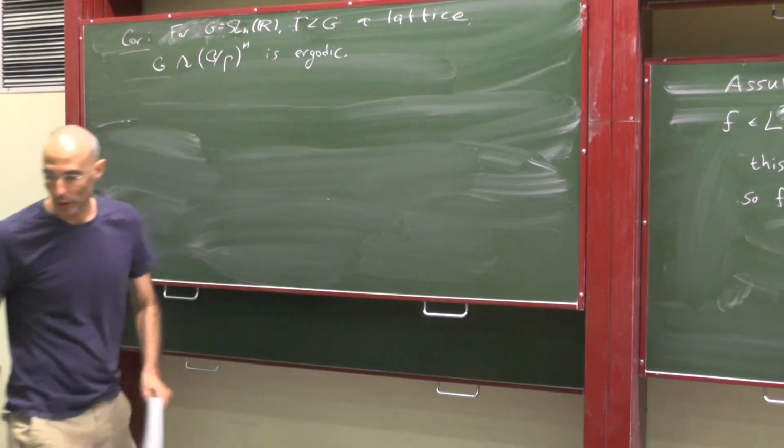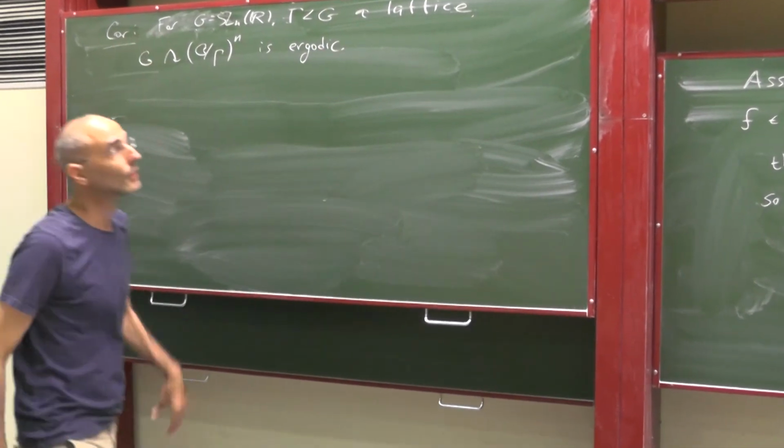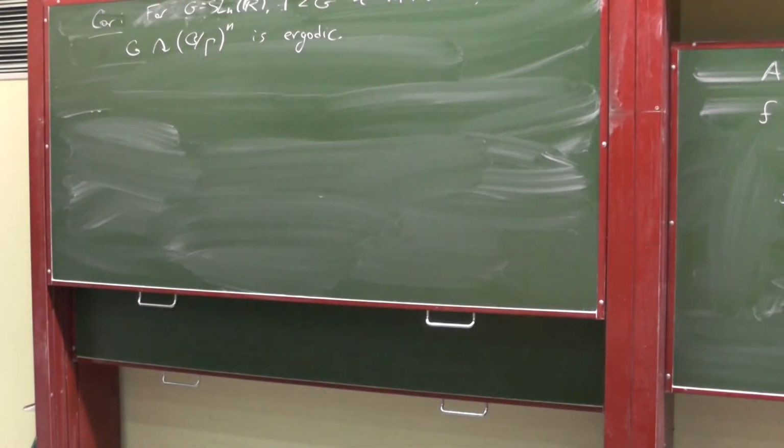The action of G on G mod gamma square, because it is a lattice, after normalization, this is a P and P action, and because we proved that the action of G on G mod gamma is NE, the action of G on G mod gamma is obviously ergodic, hence by that theorem it's NE, hence it is doubly ergodic, and the action of G on G mod gamma is ergodic. That's doubly ergodic, or actually stably ergodic.